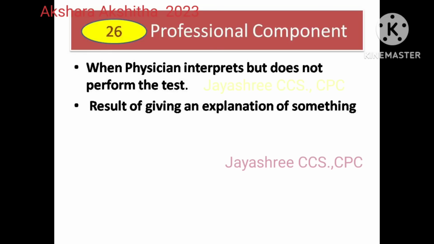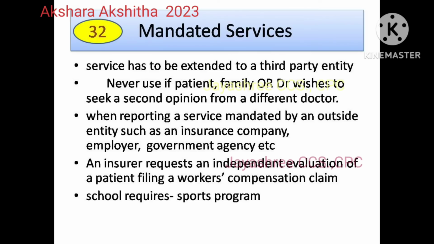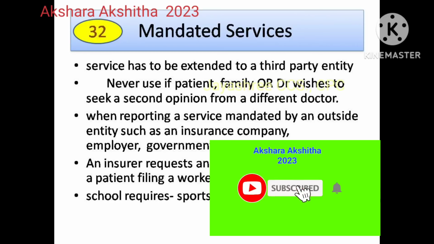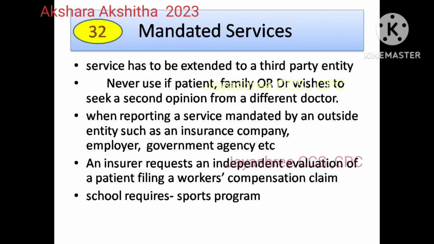Okay, next modifier is the 32 modifier. The 32 modifier means mandatory services. That means a patient comes to one doctor, and that doctor does all the E&M services, but the services need to be extended to a third party, like a second opinion from another doctor. That is required by a third party, either insurance people, or school requirements, or a work compensation claim.